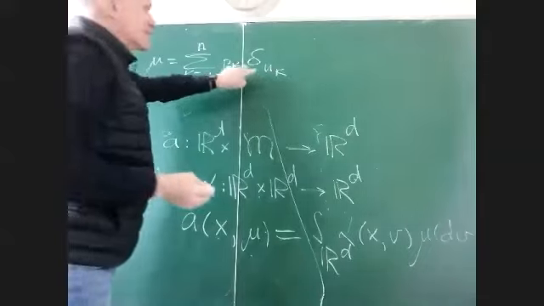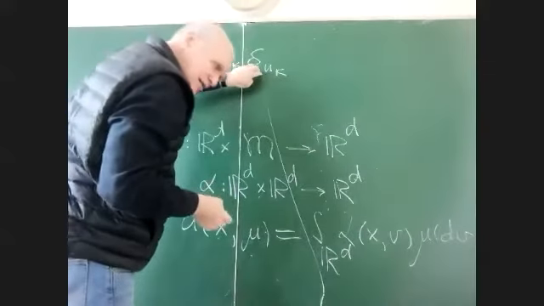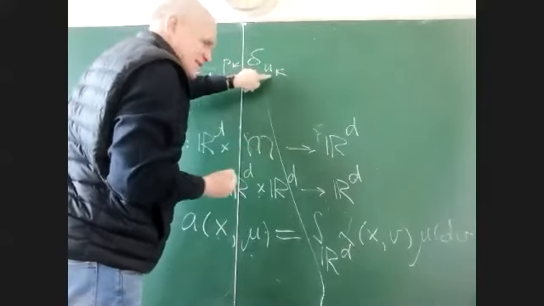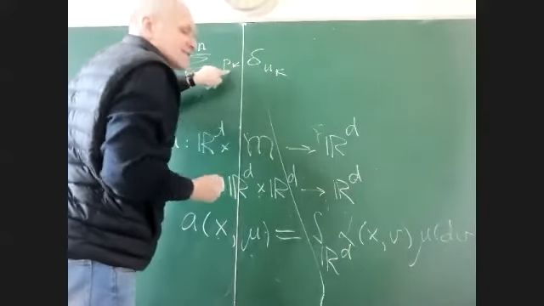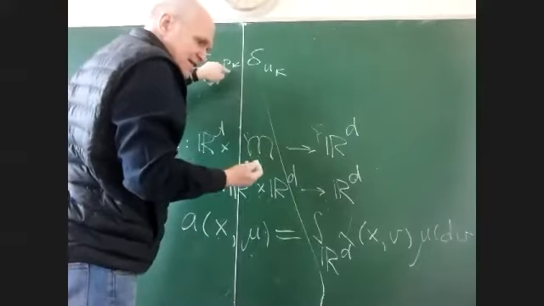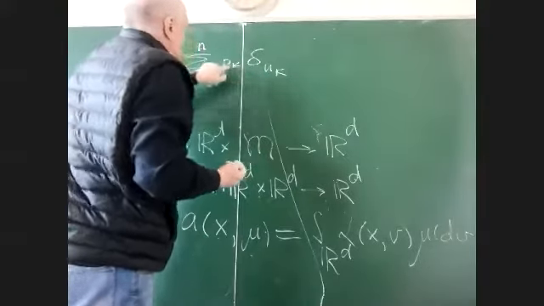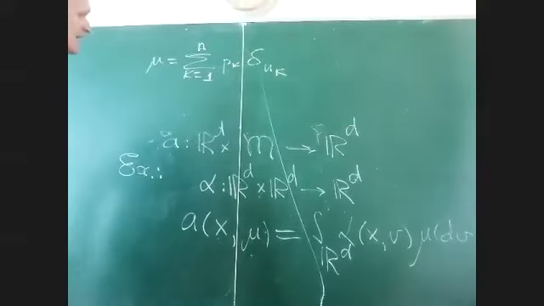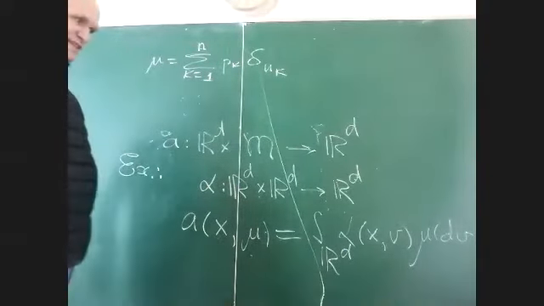As we discussed, the delta function measures the weight 1 concentrated at the point u_k, and p_k is the real weight of this point. So the sum of these p_k is equal to 1, and they are positive.